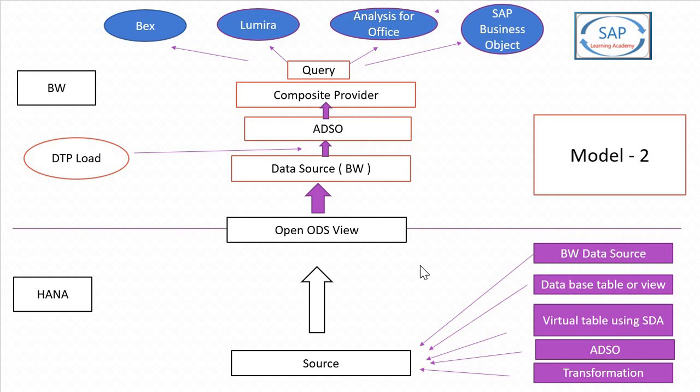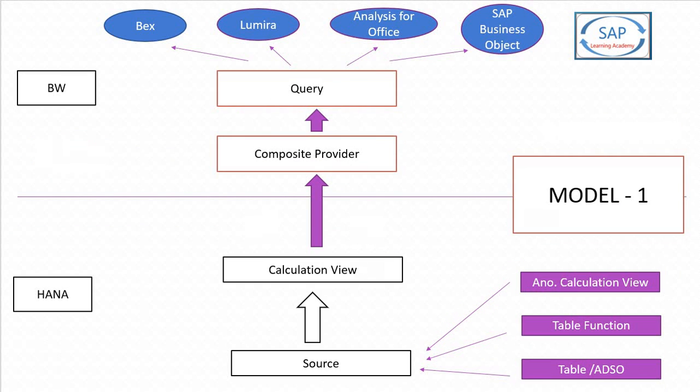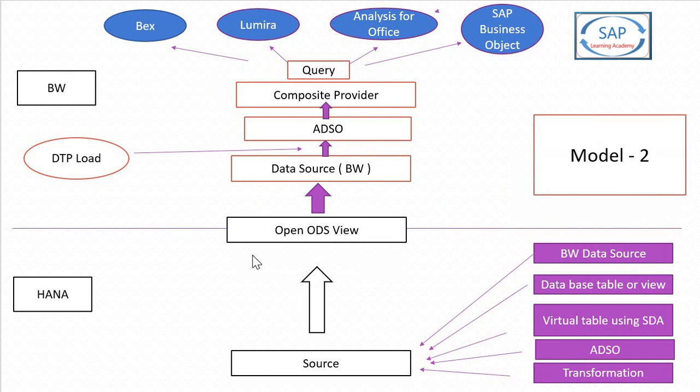Here I have not used much, like Open Hub or other data provisioning methods, but if we had used those, the model could be much more complex; based on the need there will be different models. But this is a basic model using the calculation view, and the other model using the OpenODS view, which can be used mostly in SAP projects.